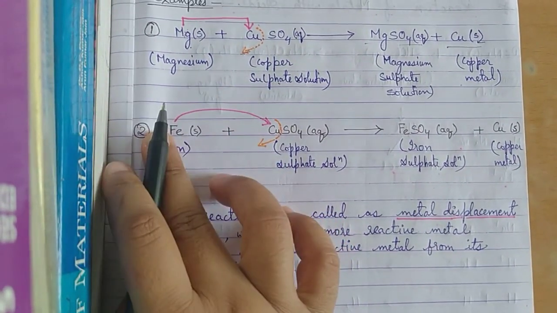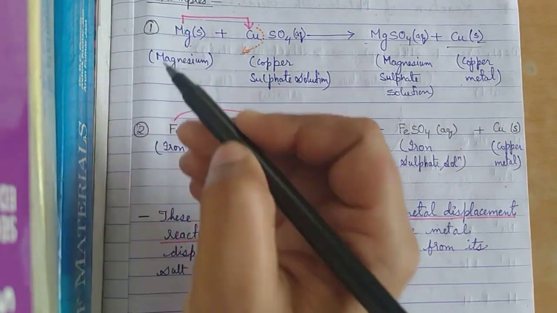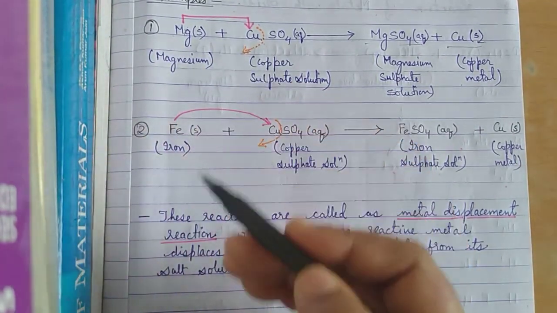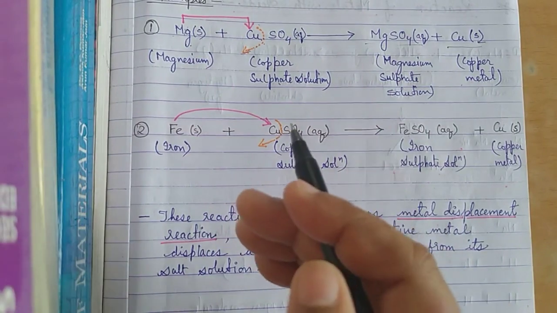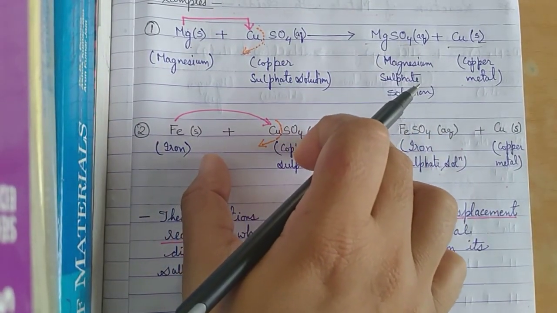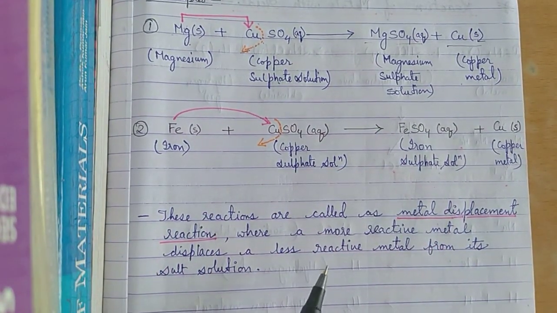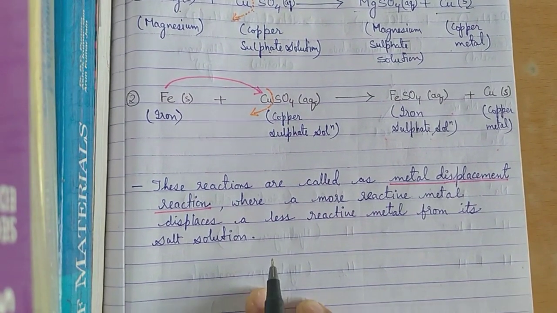In the reactivity series you can see that magnesium is above copper, and copper is given below. All the elements placed below a given metal, that metal can replace from their salt solution.